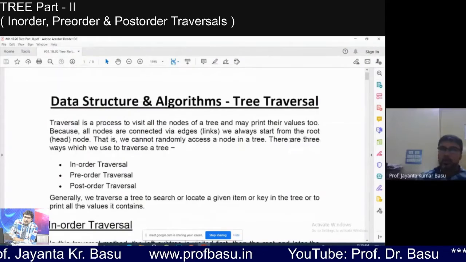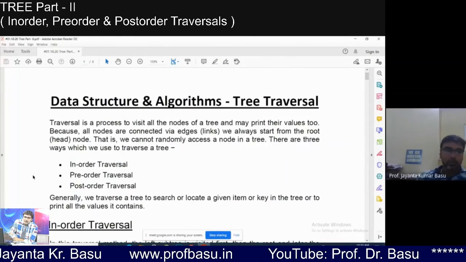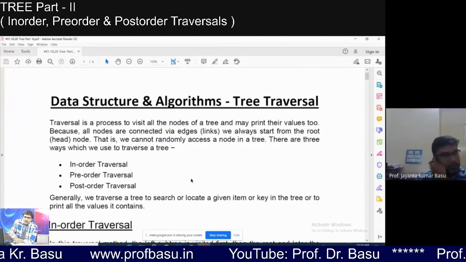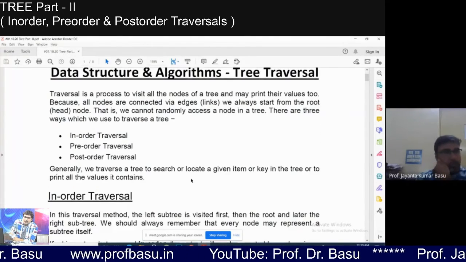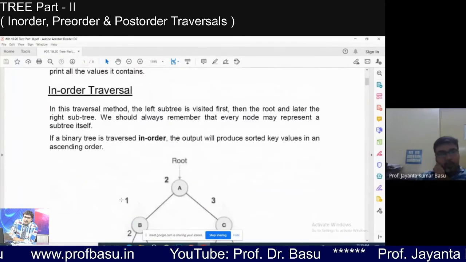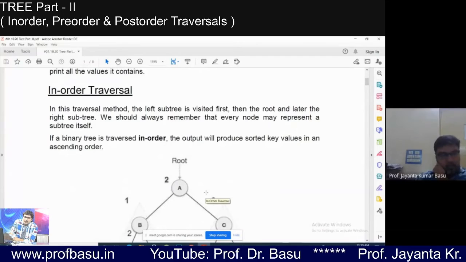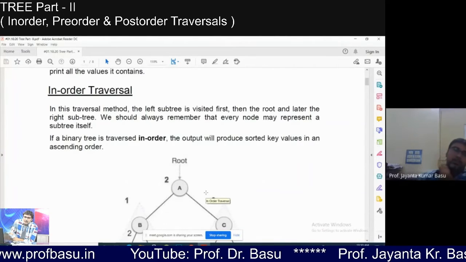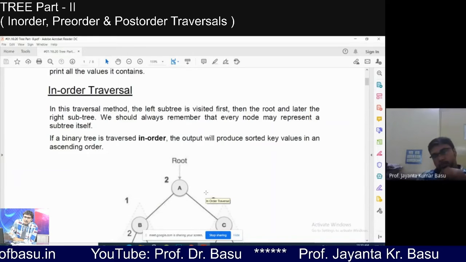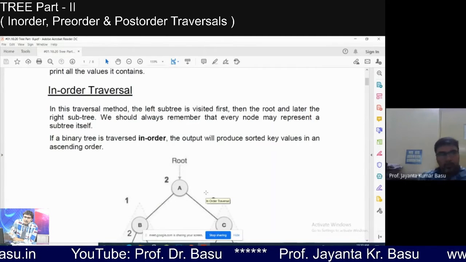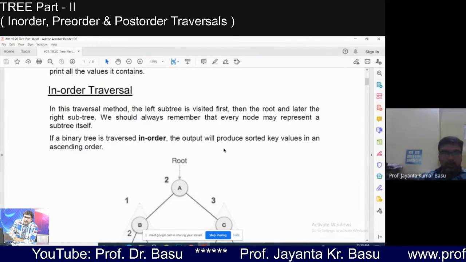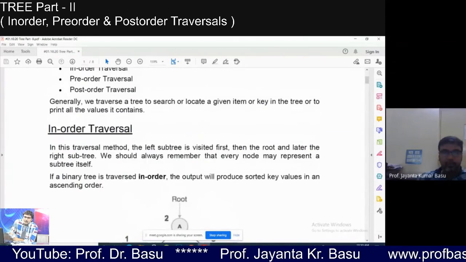So data structure and algorithm, three traversals, right? In order, pre-order, post-order. These three techniques we are just talking about. In order traversing. After traversing all the nodes, you will get a sequence, and that is called the in-order sequence, which comes out if you follow the technique of in-order traversal, right?